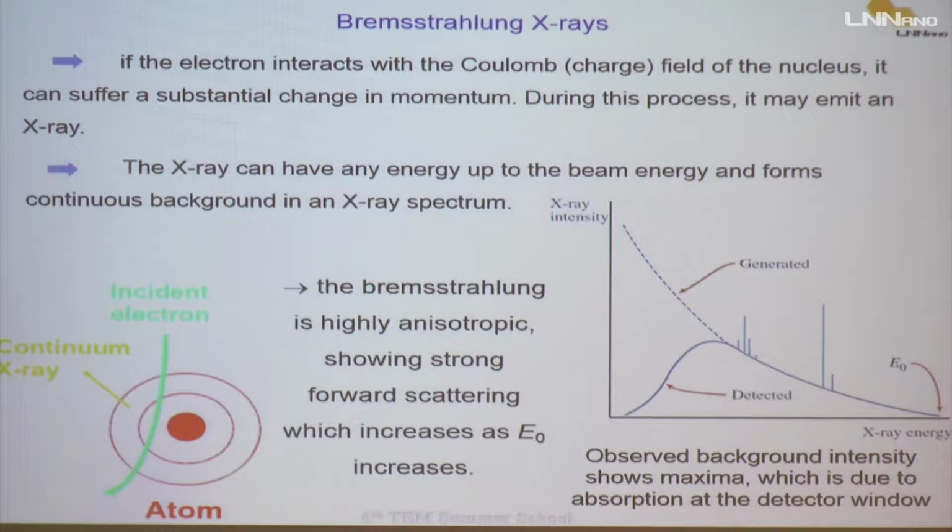And this interaction, if these incident electrons do not hit, do not collide with any specific electron in some cloud, but just pass through the orbitals, they will feel a braking force, a Coulombic force, and it will generate X-ray photons.